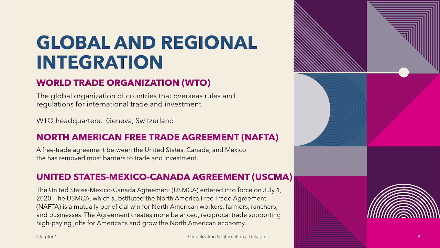Now, take, for example, the North American Free Trade Agreement, NAFTA. NAFTA is a free trade agreement between the United States of America, Canada, and Mexico. And this trade agreement, in essence, removed most barriers to trade and investments.